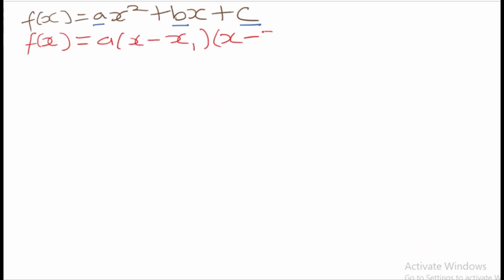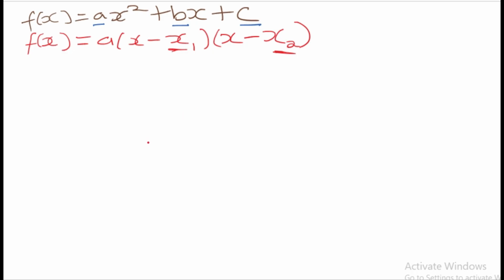All right. So now we have to use this function. This function represents a quadratic function in intercepts form or factored form, where x1 and x2 are the x-intercepts of the parabola.